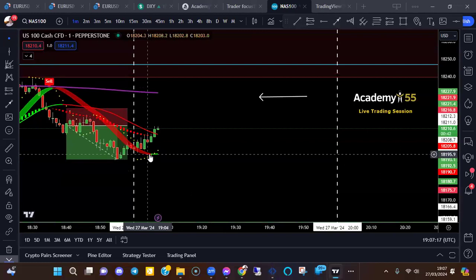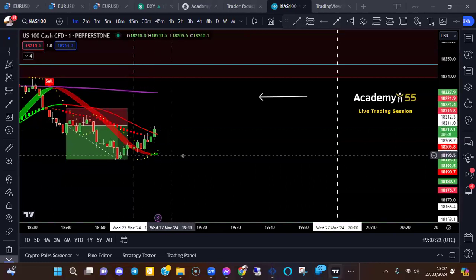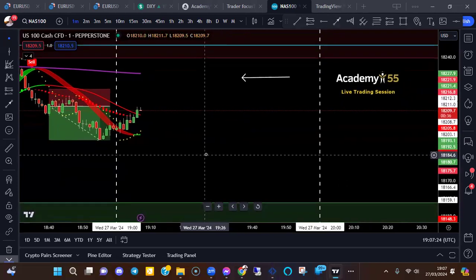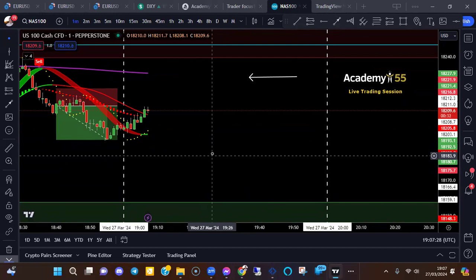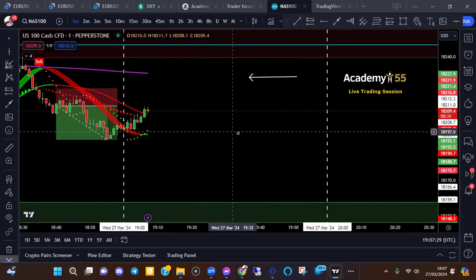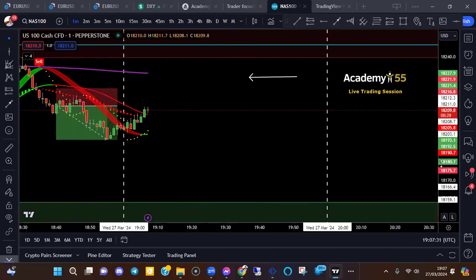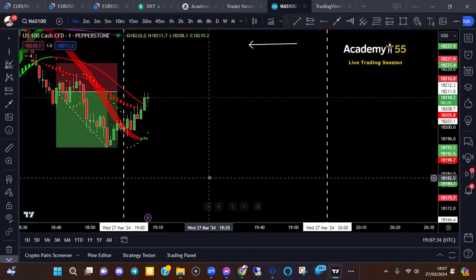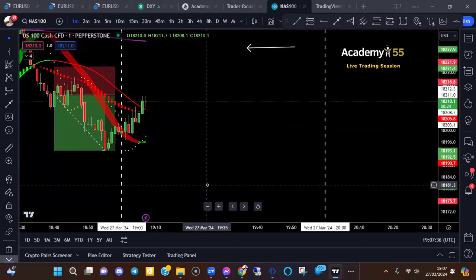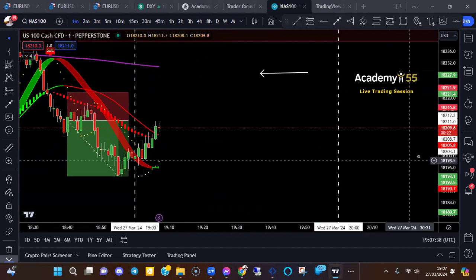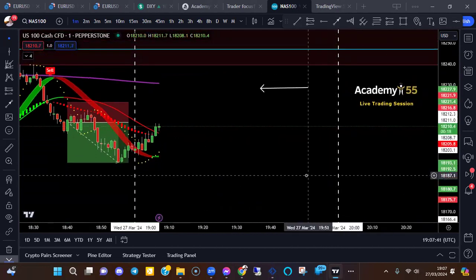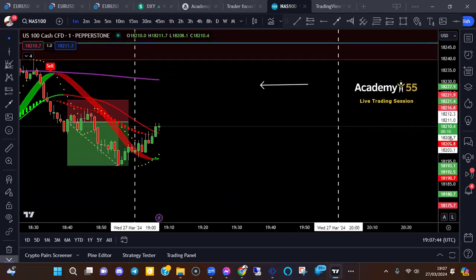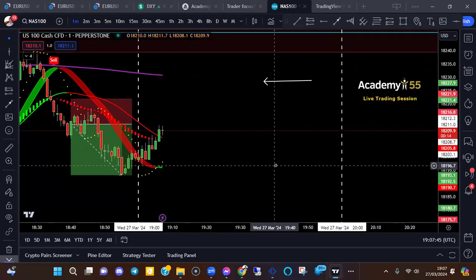But right now, as you can see, we have a green volume ribbon, whilst also being in sort of consolidation. The next alert is a buy alert, it has to be.